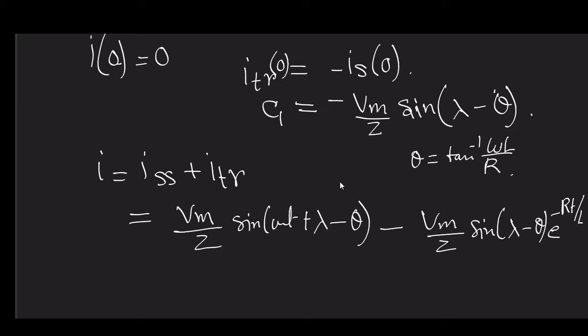The only way to make the transient term 0 is to make lambda minus theta equal to n pi, where n is any natural number 0, 1, 2, 3 like this. So obviously we cannot have something as large as lambda minus theta equal to 2 pi. So better not to have that kind of over expectation or weird things in our mind.